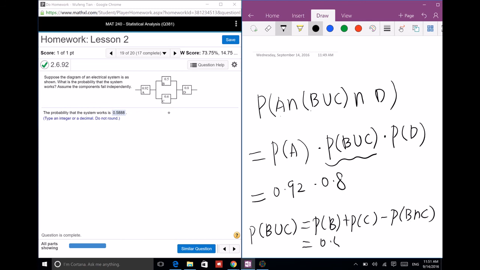P(B) is 0.5, P(C) is 0.6, and since B and C are independent, P(B ∩ C) is just P(B) times P(C), so 0.5 times 0.6. Then this will give you 0.8 as well.